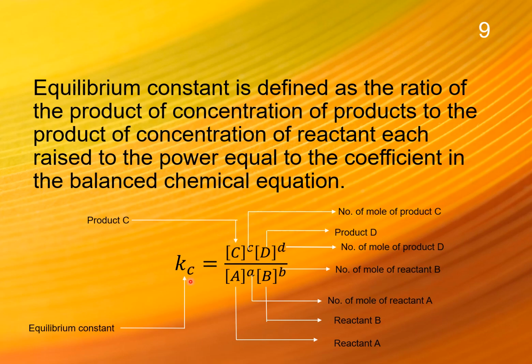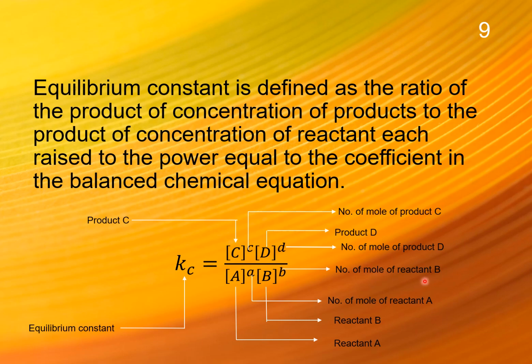Now this capital C is the concentration of product C, capital D is the concentration of product D, small c is the number of moles of product C, and small d is the number of moles of product D. Capital A is the concentration of reactant A, small a is the number of moles of reactant A, capital B is the concentration of reactant B, and small b is the number of moles of reactant B.